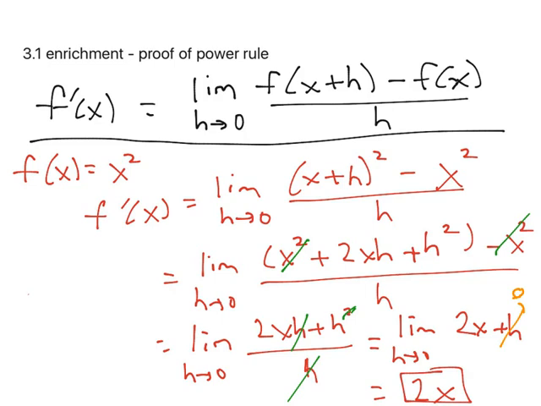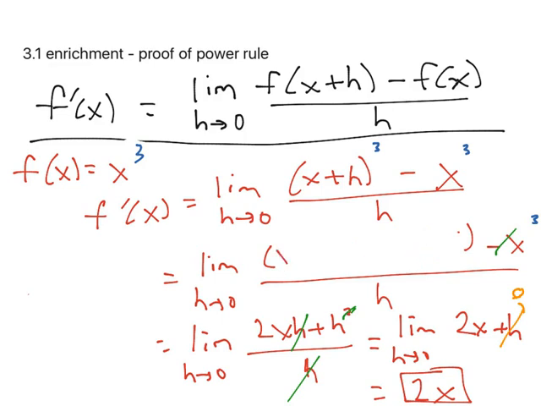Well, let's change the x squared to the third power and see what changes in our proof. This time I'm changing the 2 to a 3. That means that x plus h squared becomes x plus h to the third power, and minus x squared becomes minus x to the third power. This time we're expanding x plus h to the third power instead of x plus h to the second power.